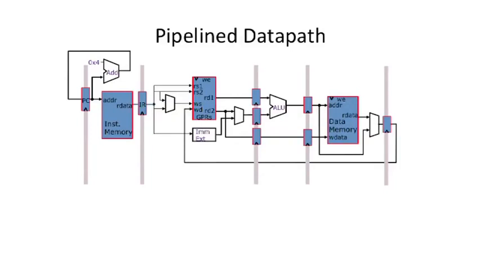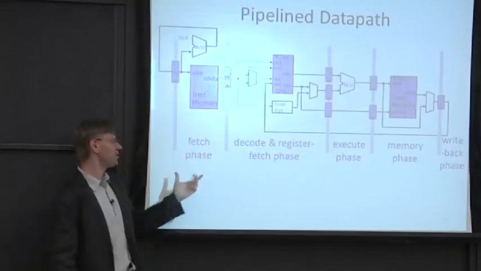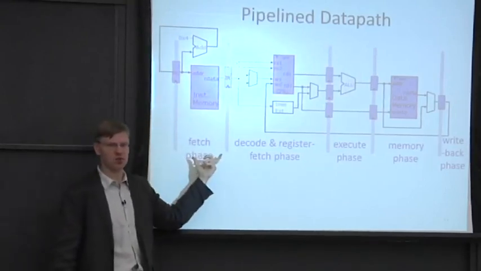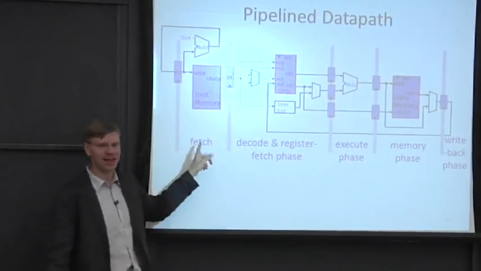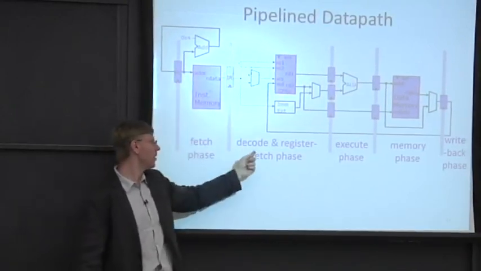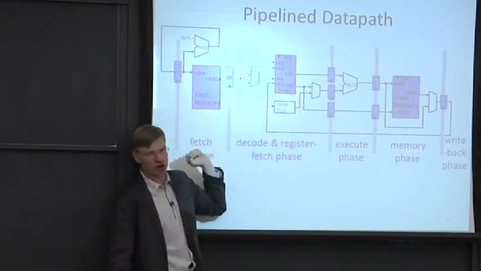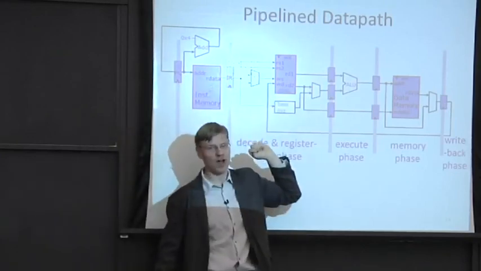So we've pipelined our data path now. And let's put some names on these things that we're going to be reusing throughout the class. We're going to call this the fetch phase, or the instruction fetch time. Sometimes in this class we'll denote this with an uppercase F, or with IF for instruction fetch. The next thing we're going to do is decode the instruction, and also fetch the registers out of the register file.